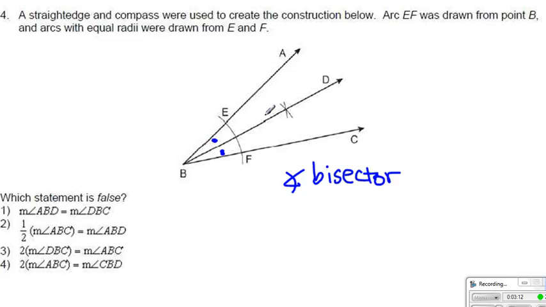ABD, is that equal to DBC? DBC, that is correct. How about half of ABC, which means half of the entire angle is ABD, which is also correct. Now, 2 times DBC, 2 times this small angle is equal to the entire angle, which is correct. 2 times the big angle is not, in fact, equal to the small angle. So therefore, choice D, or choice number 4, would have been our answer.